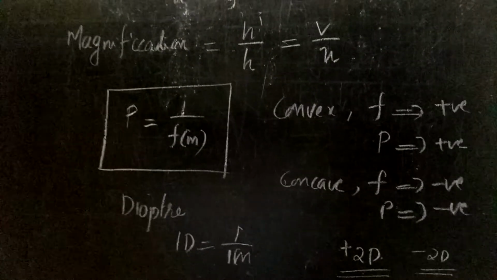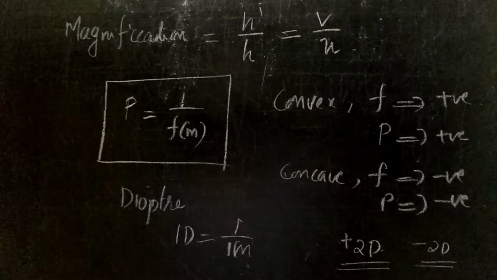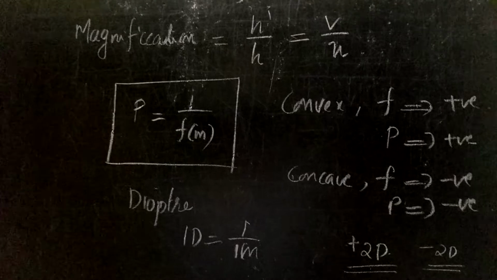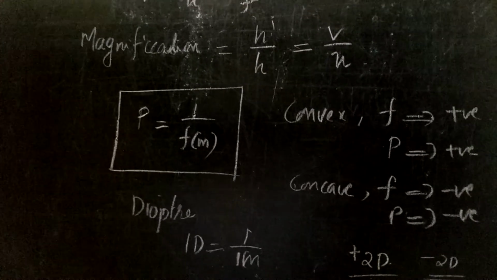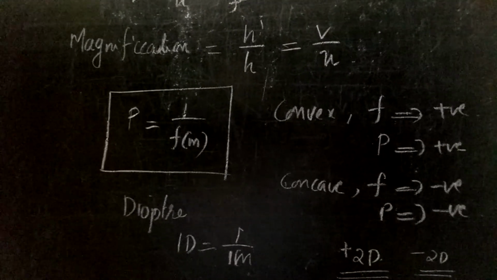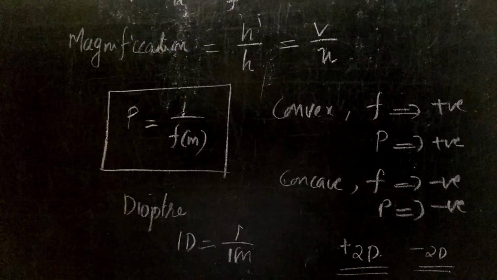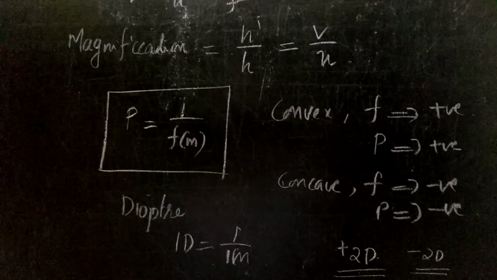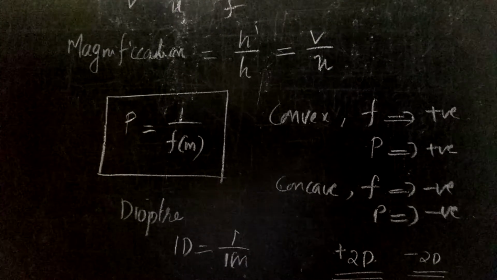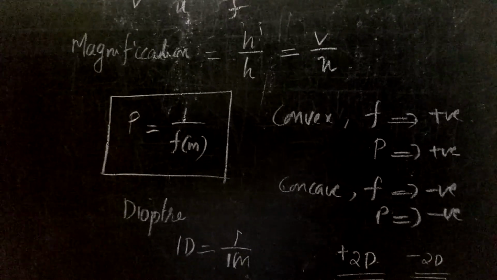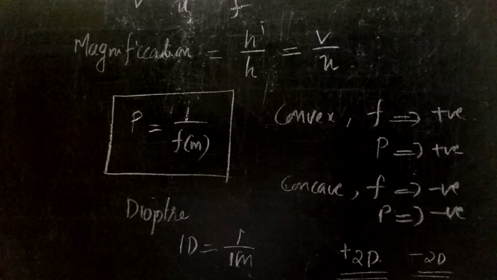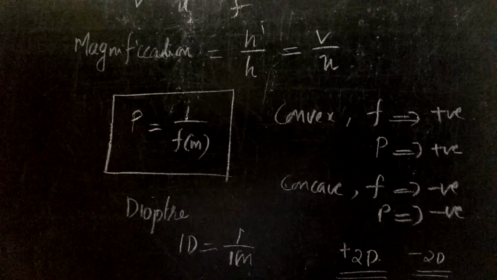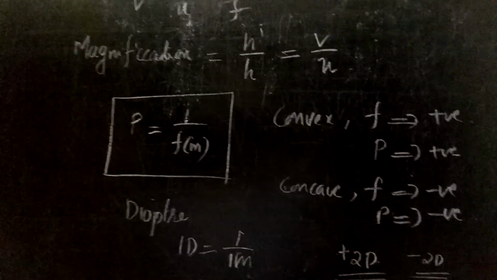Okay, and two or more lenses can be combined together to get a clear image, that means many lenses are used together in the microscope, telescope, etc. So in that case, when 3 or more lenses are combined together, then the total power is equal to the sum of power of each lens.